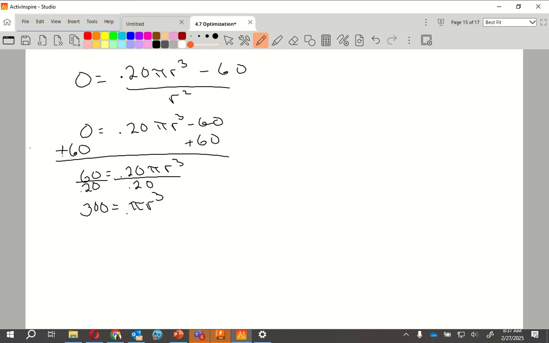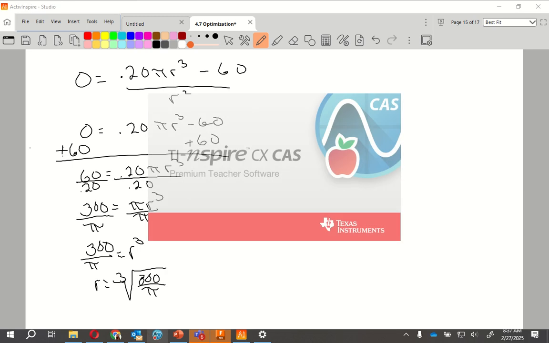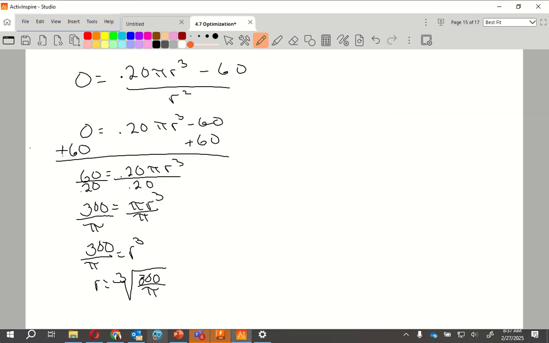And divide by pi. So 300 over pi equals r cubed. And how do I undo a cube? Cube root. So r is equal to the cube root of 300 over pi. And I don't know that one off the top of my head.